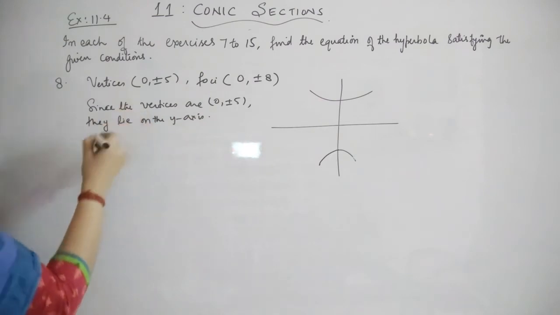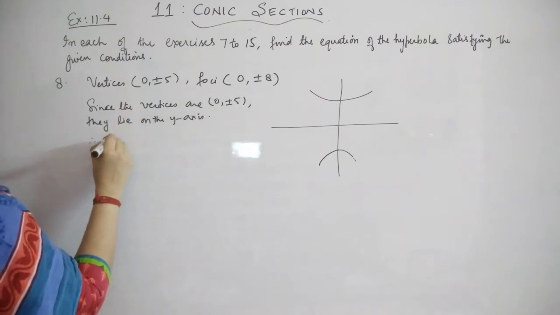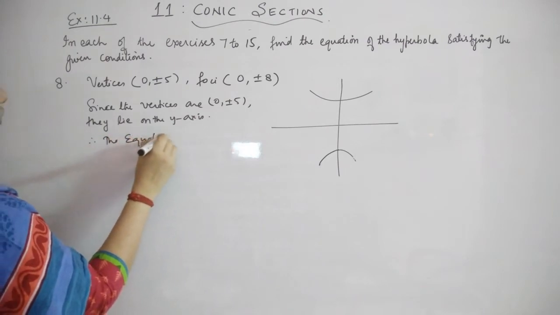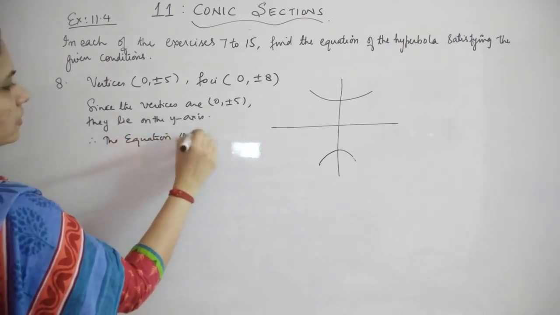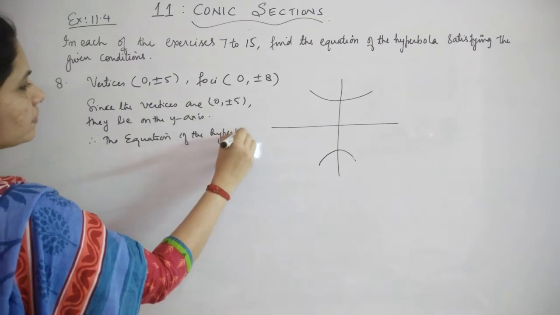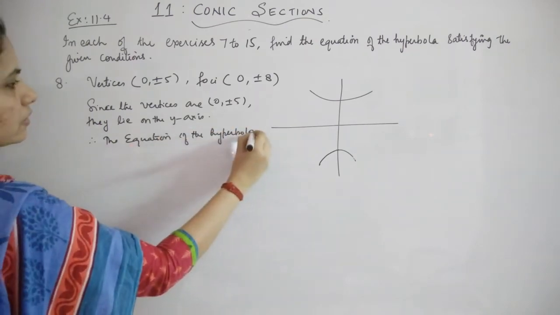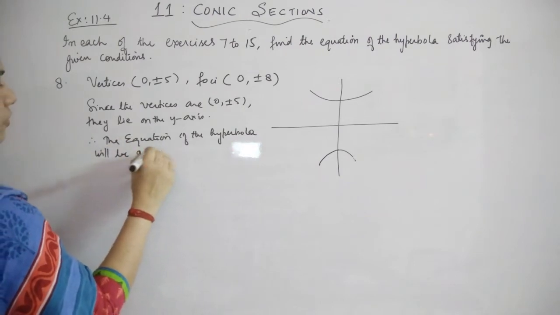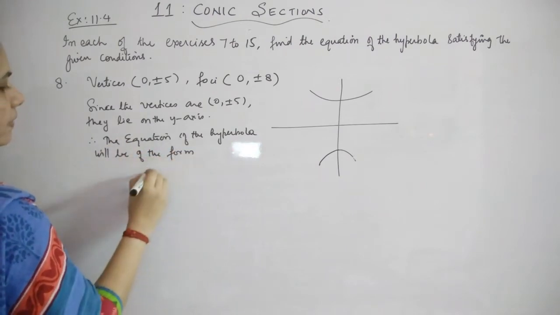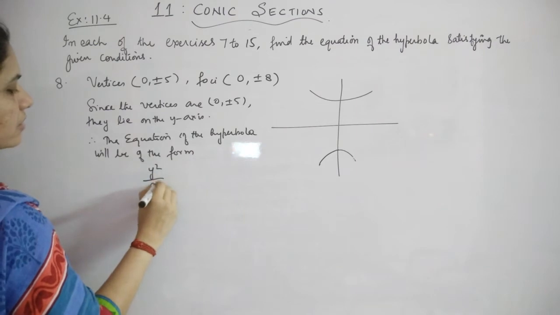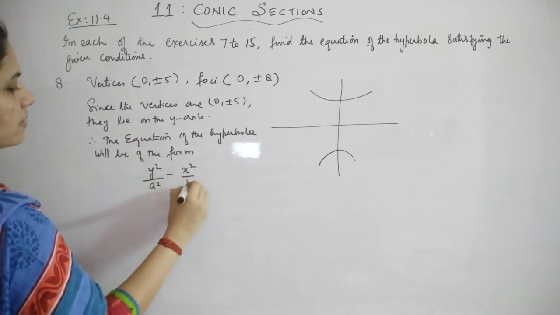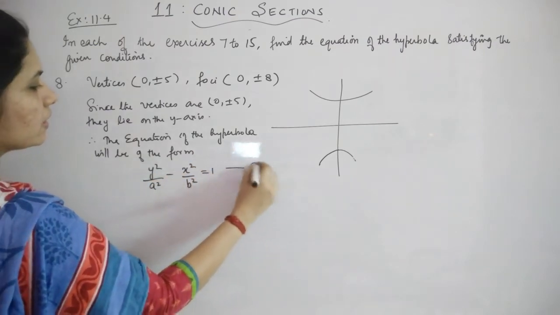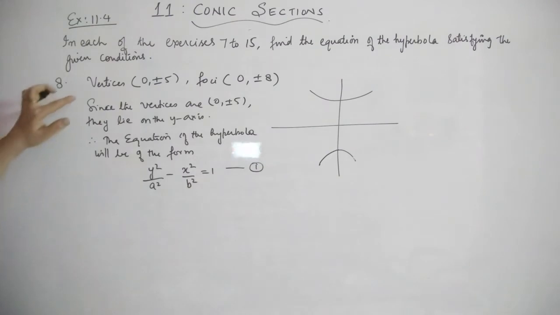Therefore the equation of the hyperbola will be of the form y square by a square minus x square by b square equal to 1. Let it be equation number 1. Now what all is given?